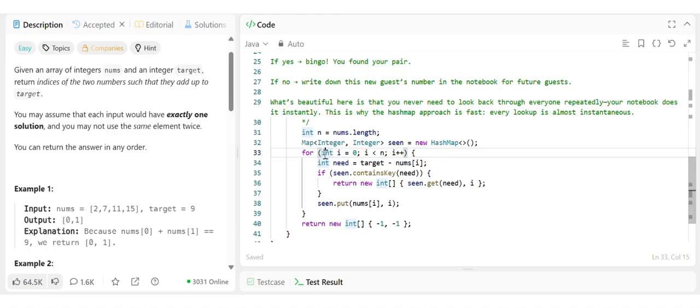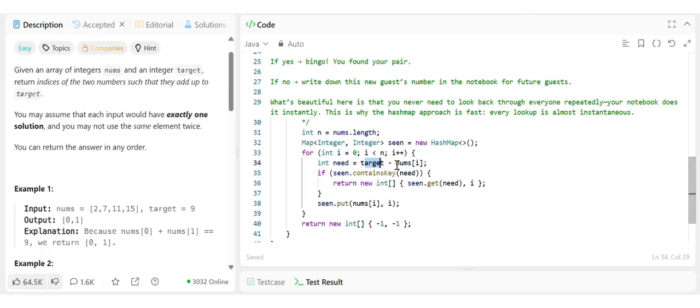What do we do? We enter the room which has all the guests we have called for the party, and then we start meeting each guest. Now we define a new variable need, that is target minus nums of i. What is that? Let's say we meet the first person. Now let's say the target is given to us.